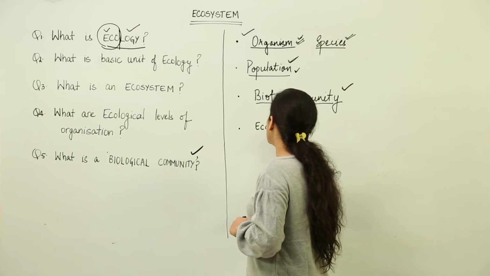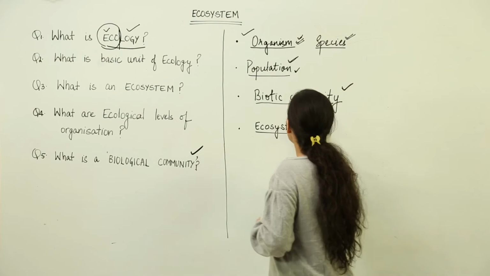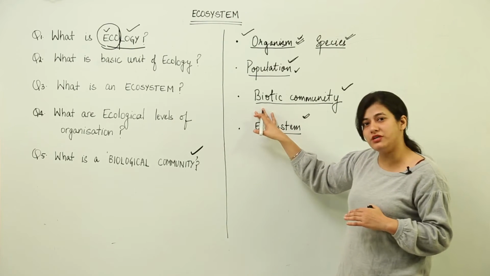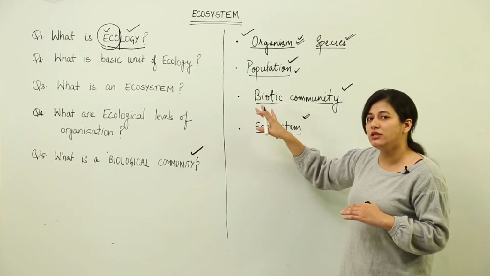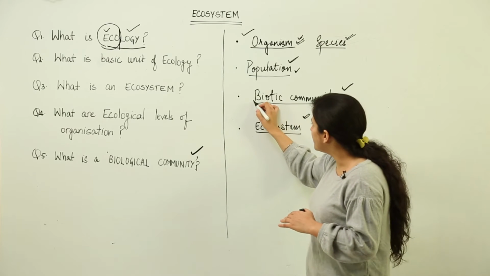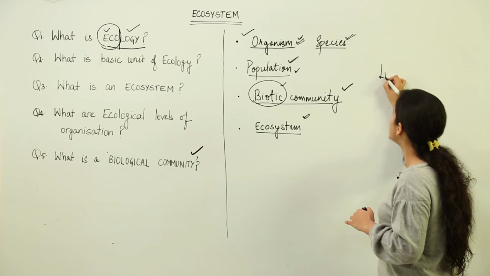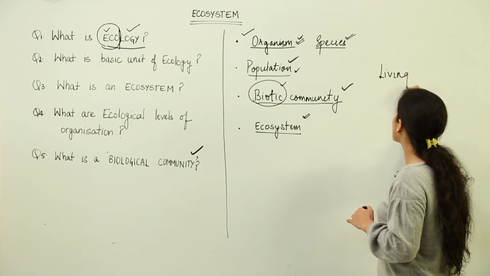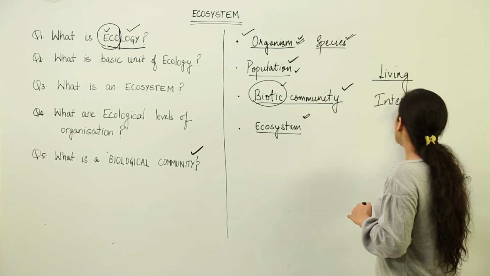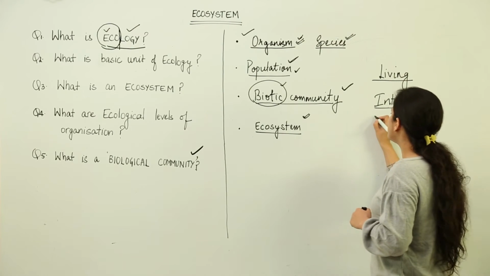So here we come to the term that we basically have to deal with, what is an ecosystem? So ecosystem is that arrangement where the biotic communities are interacting with the environment as well as among themselves. So biotic, you must be knowing what biotic means. Whenever I say biotic, it means something which is living. And when I am talking about interactions, it is going to deal with certain components of the environment which would be abiotic.